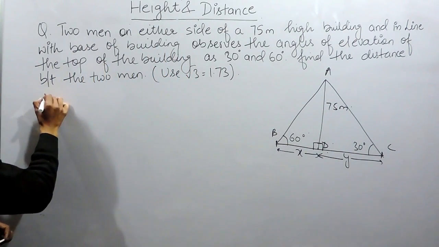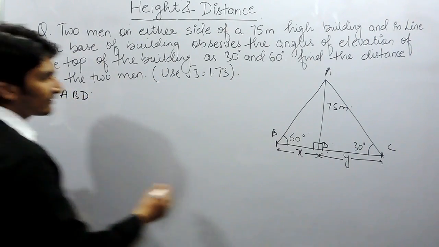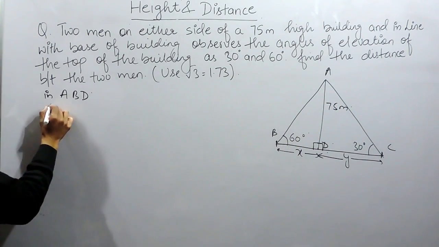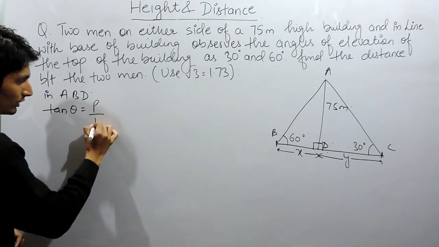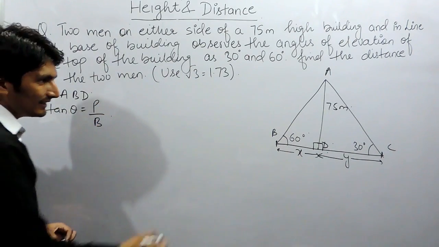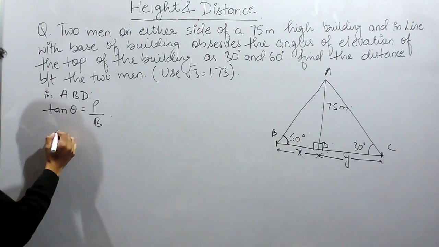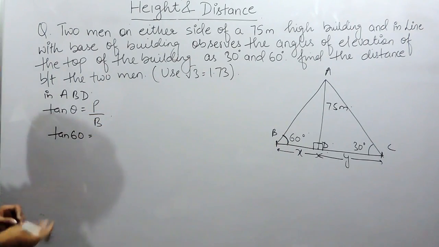In the first triangle, right angle triangle ABD, the value of tan theta will be equal to perpendicular upon base. In this triangle, theta is given as 60 degrees. So tan 60 equals perpendicular upon base.